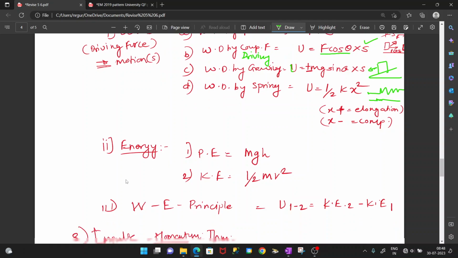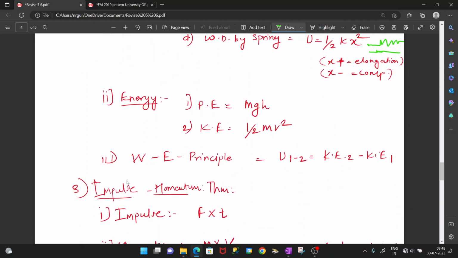Getting it? So what is energy? We are dealing with two types of energy, potential energy and kinetic energy. mgh is the potential energy, that is due to height, like if a tank is on top of a building, it has potential energy due to its height. If a ball is moving in a certain direction, then it has some velocity, so it has kinetic energy, that is 1 half mv square.